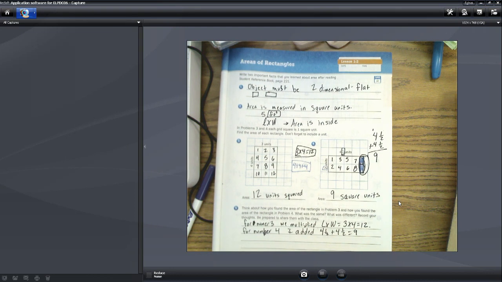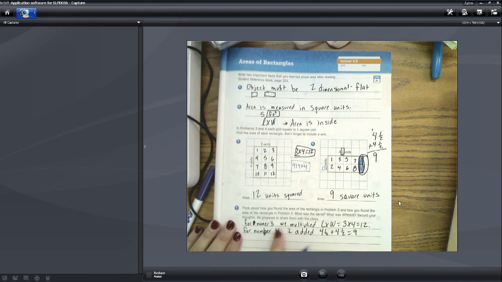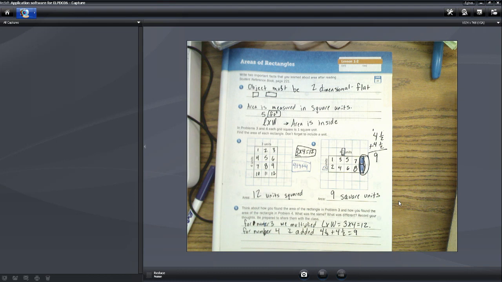Now, when we're talking about it, this is what I did, and I'm going to show you. Basically, I just put into words what we did. For number 3, might help if I spell a number right. For number 3, we multiplied length times width. So I did 3 times 4 equals 12.